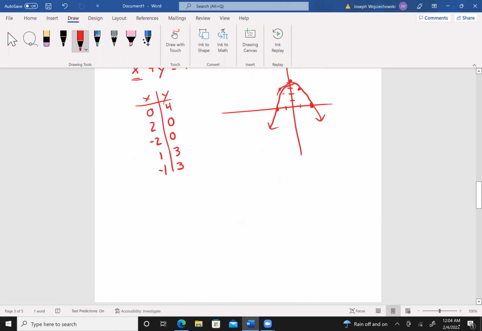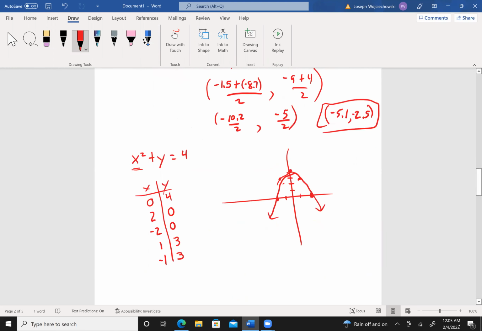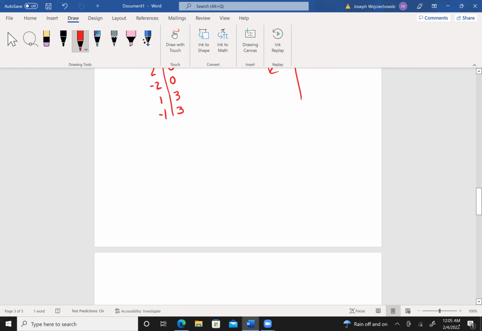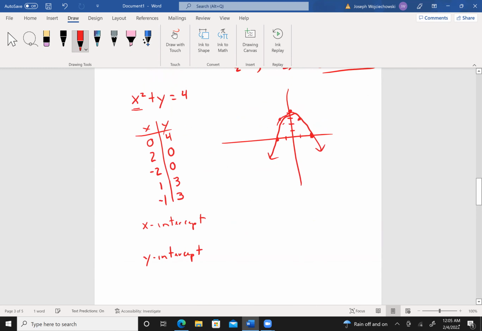Okay, so we've already done this next thing here. But let's bring this up. We have the x-intercept and the y-intercept. So where does this intersect the x-axis?